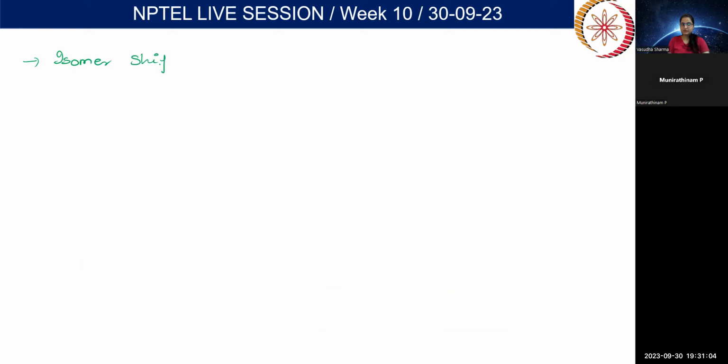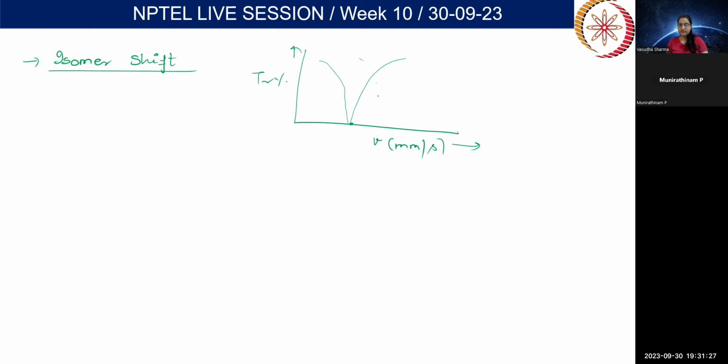And that comes from the movement of your source towards the sample. So what difference would it make? Either it would move towards a more positive side. Say, for example, if one plot is here, the second complex is going here, and the third is moving here.